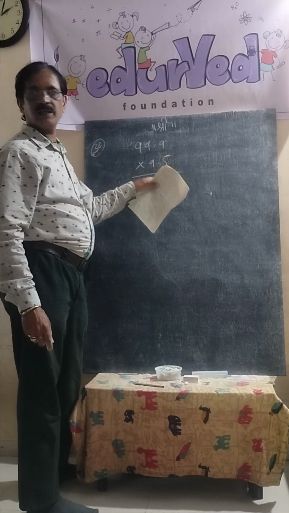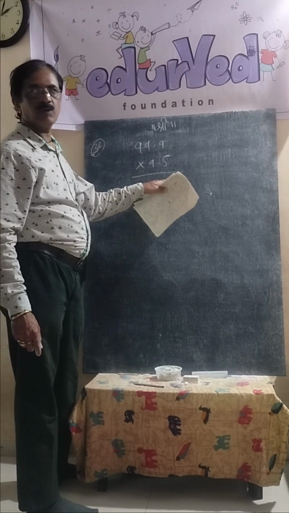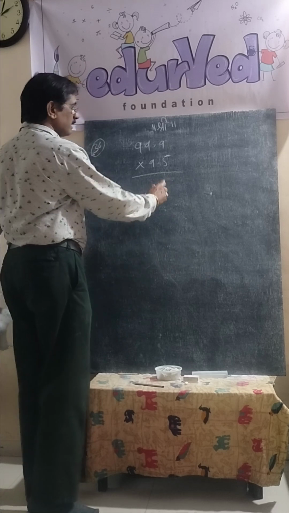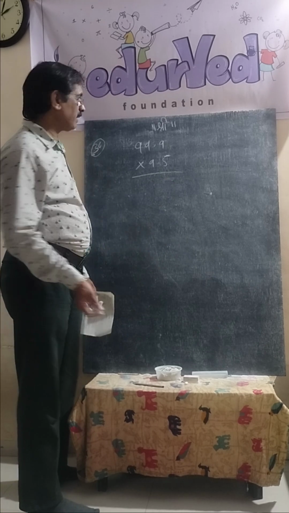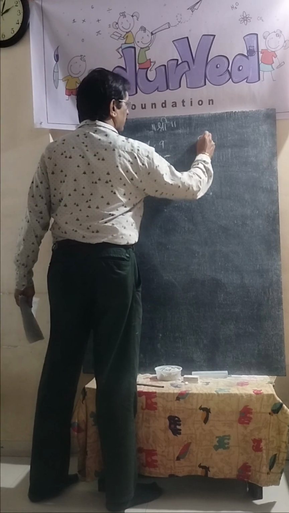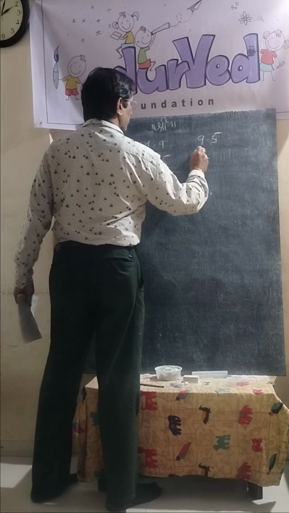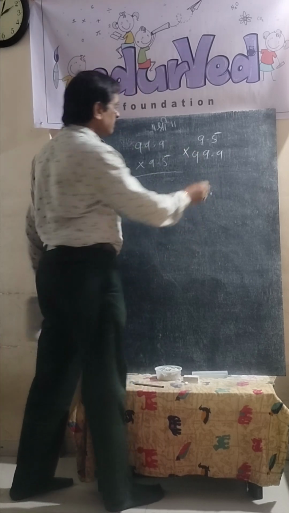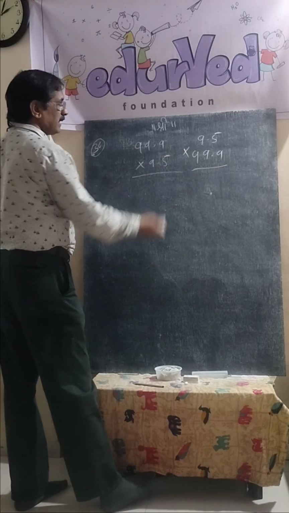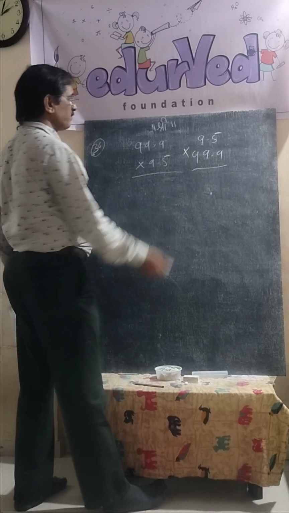If it is written this way, it won't be possible. But one thing you can do: any number that is multiplied can be rearranged. Suppose if we write this way, it is one and the same. So by writing this way, you can perform it that way.